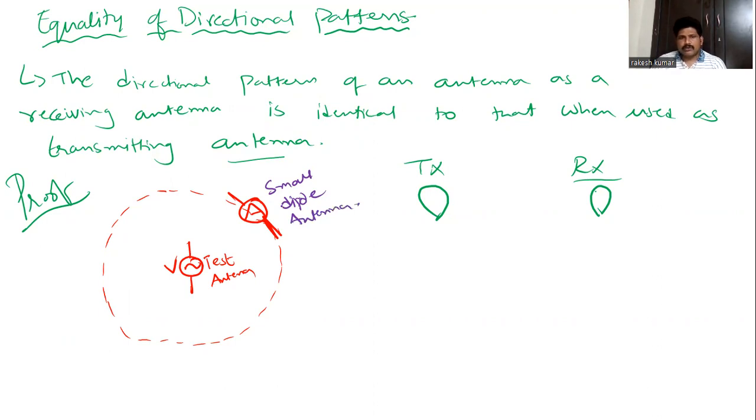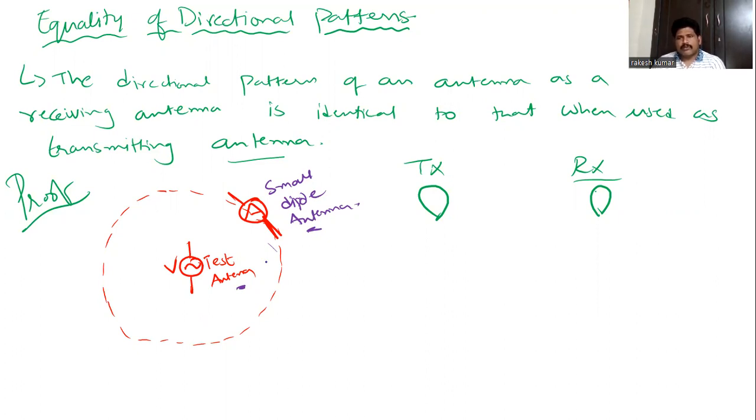To measure the directional pattern of the transmitting antenna, the test antenna is kept at the center of a very large sphere, and a small dipole antenna is moved along the surface of the sphere, as shown in this figure.